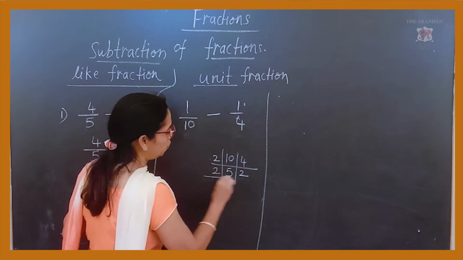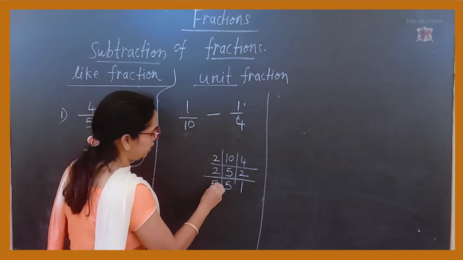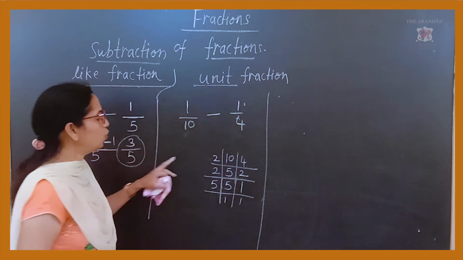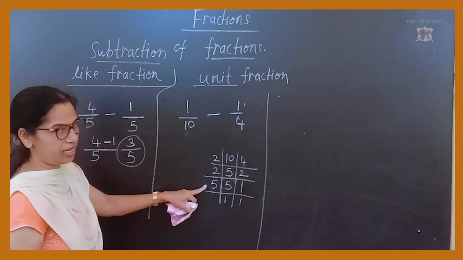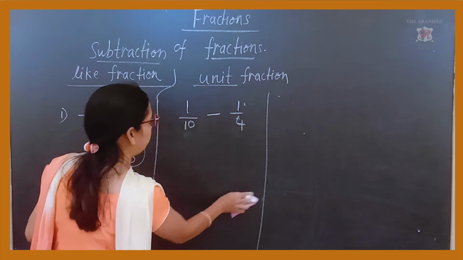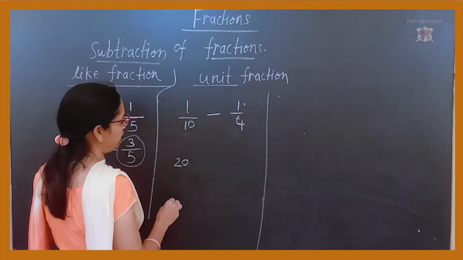Now 2 ones are 2, keep 5 as is, and 5 ones are 5. So 2 into 2 into 5 gives you 20. So the LCM will be 20.